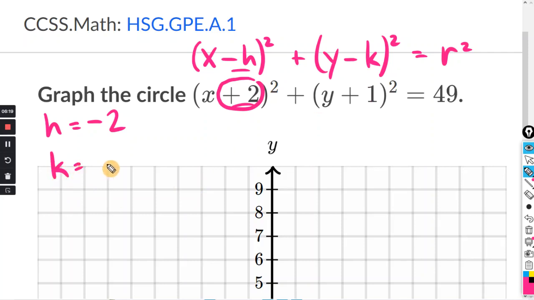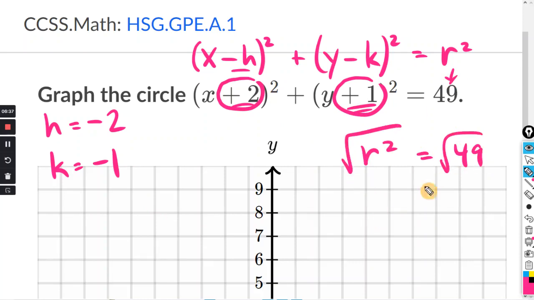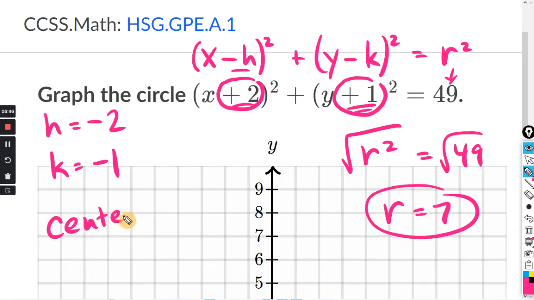So k is just going to be -1. Change the sign on this term right here. So +1 is -1. And we can see that r squared equals 49. Taking the square root of both sides, r equals 7. And the center is h comma k, (-2, -1).